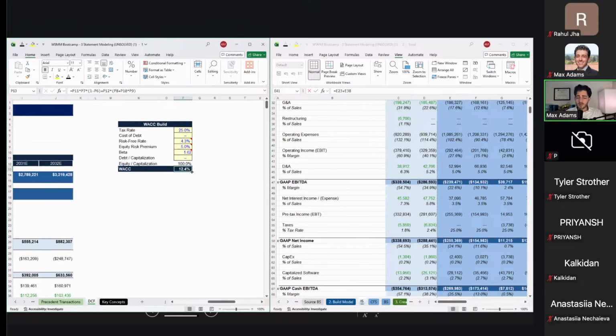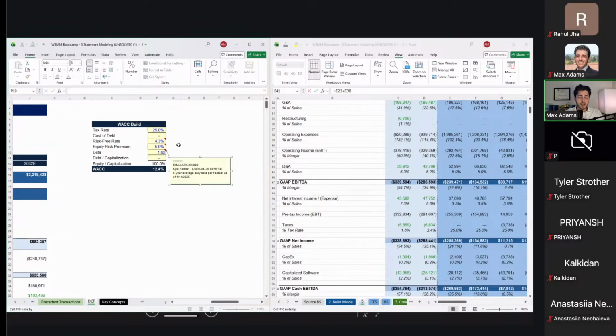You guys know the WACC formula. It's basically cost of debt times percentage of debt times 1 less the tax rate plus cost of equity times percentage of equity. And the cost of equity here is the risk-free rate, which I just copied in, plus the market risk premium times the beta. And you can see where I got the beta. These are basically just from a few other different tools. So we've got the risk-free rate, which comes from basically the treasury.